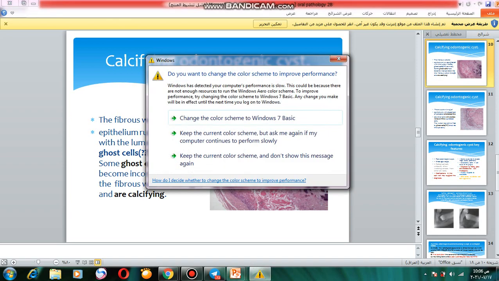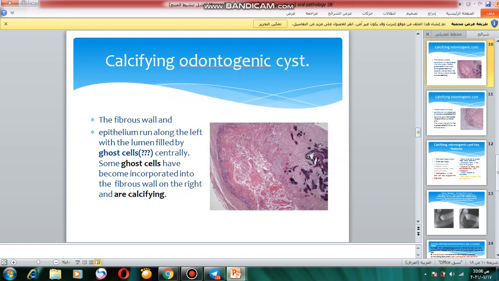Every rule has an exception. So we said, for example, that anything that ends with oma is benign, except we have exceptions. Also here, a cyst is a pathological cavity lined by epithelium and filled with fluid or semi-solid material. Also, it could be filled with some types of calcifications. There are also exceptions. Take it into consideration.